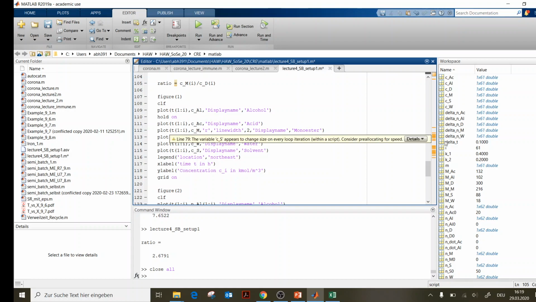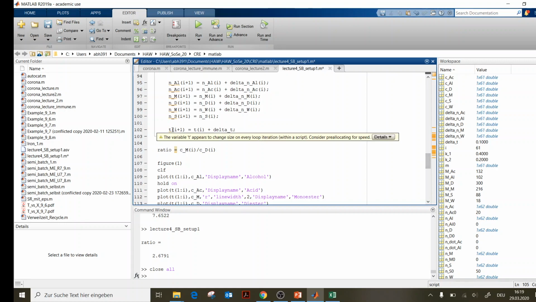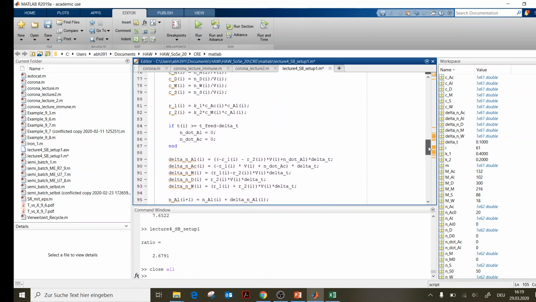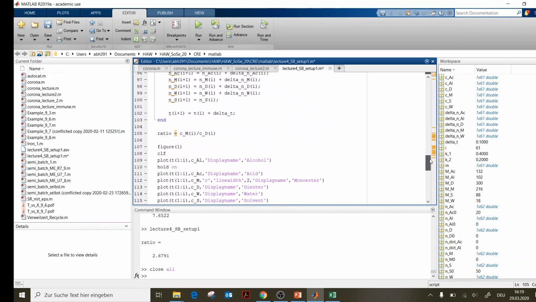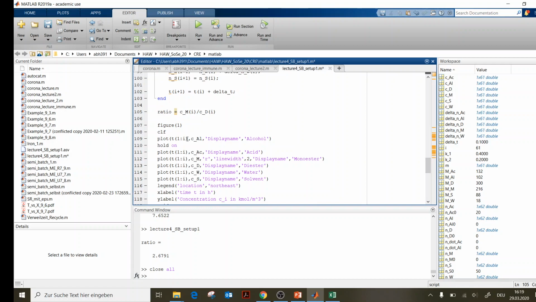So here you have to take into account your time goes to I plus 1, but your concentration is only calculated up to I. So the size of your vectors is not the same, and that's why you have to say, okay, plot the time just from the numbers 1 to I, and the size of the concentration is just I. So here then the length of the vectors is the same.